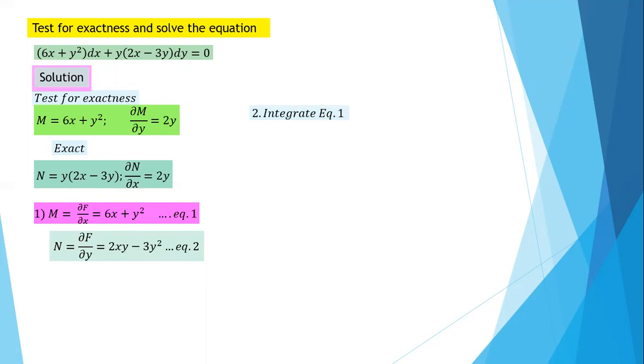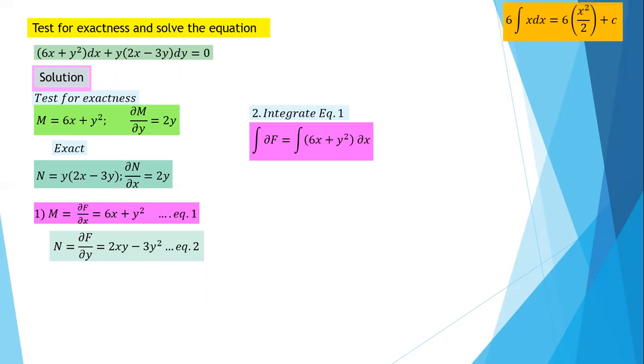Then integrate equation 1. So we have the integral of the partial derivative of f equals the integral of the quantity 6x + y² times the partial derivative of x. The integral of 6x dx is 6 times x² over 2, or 3x² plus c.